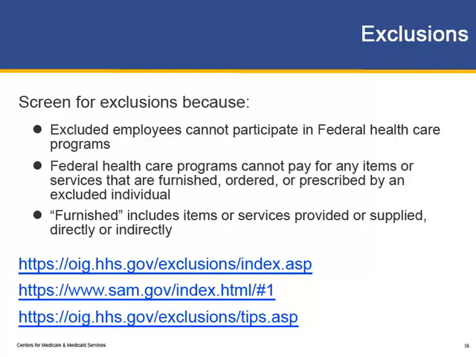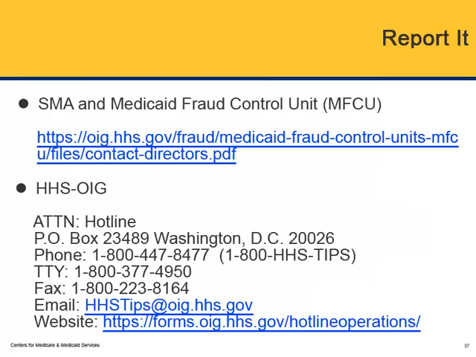Report any suspected fraud, waste, or abuse. If you see behavior that causes concerns that another medical professional, a beneficiary, or some other entity may be engaging in suspect practices, several options are available for reporting. These include the SMA, the Medicaid Fraud Control Units, MFCUs, and HHS OIG.